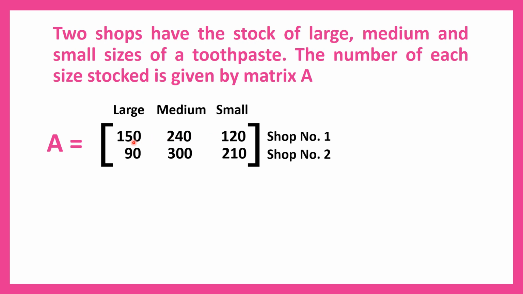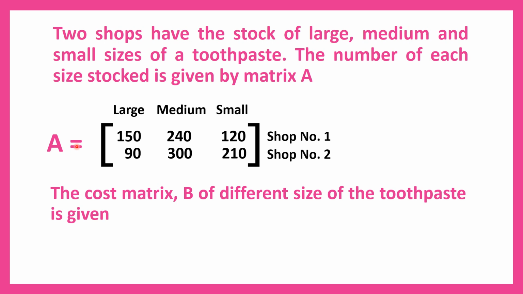In shop 1, 150 large sized toothpastes are there, 240 medium sized toothpastes and 120 small sized toothpastes. In the same manner, the second row shows the stock in shop number 2. That is, large toothpaste is 90, medium 300, small 210. That is shown by the matrix A.